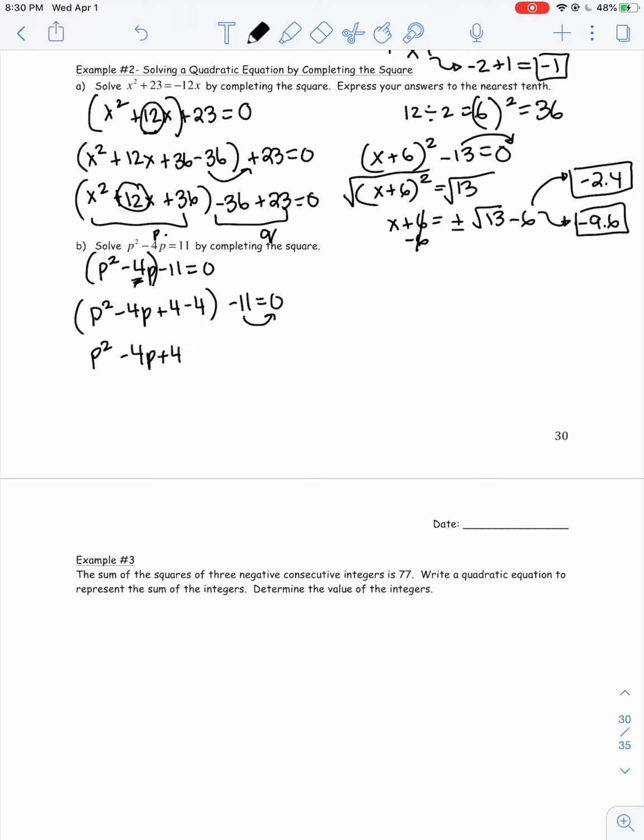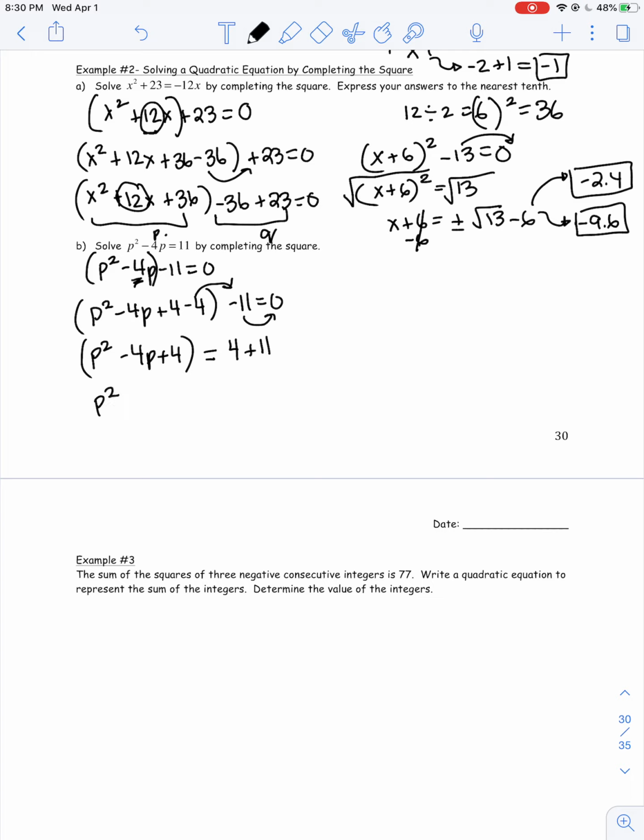So we're going to have plus 4. Now this guy is going to have to move over as well, right? So we're going to put the equal sign, and then when we move that negative 4 out, normally we would have negative 4, but because we're crossing the equal sign to bring it over, we're going to have plus 4 and plus 11, because the signs will switch when you go across the equal sign.